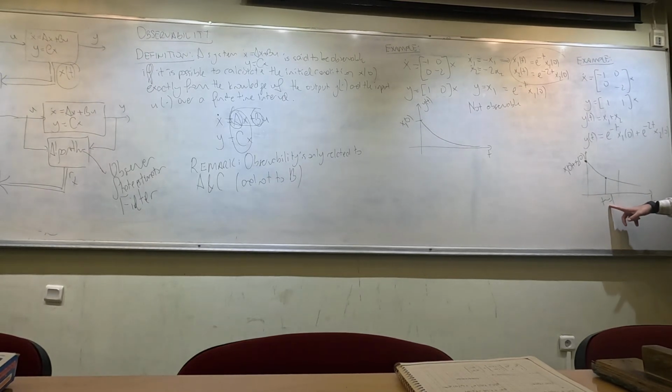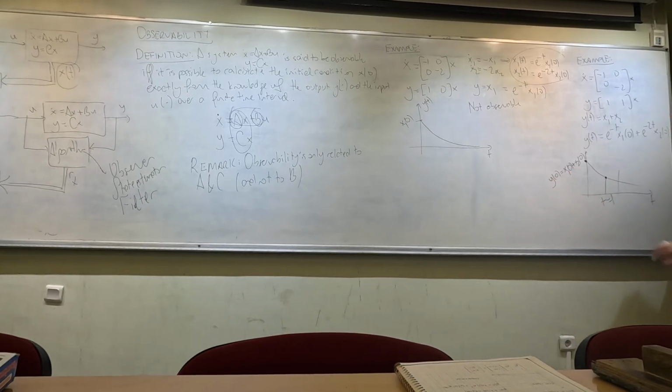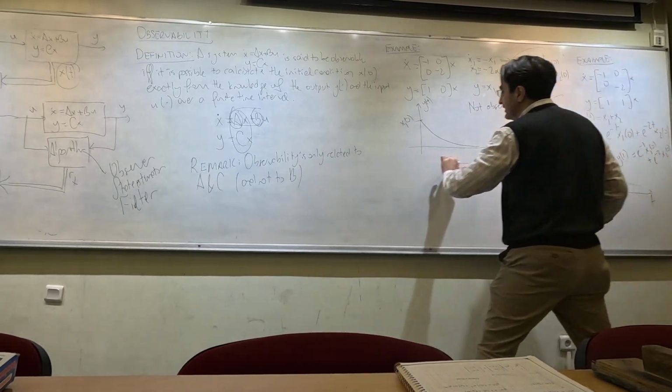This is the value of the output at time t is equal to 0. The value of the output at time 1, y1, is obtained when I substitute t is equal to 1. So this is e to the minus 1 x1 0 plus e to the minus 2 x2 0.